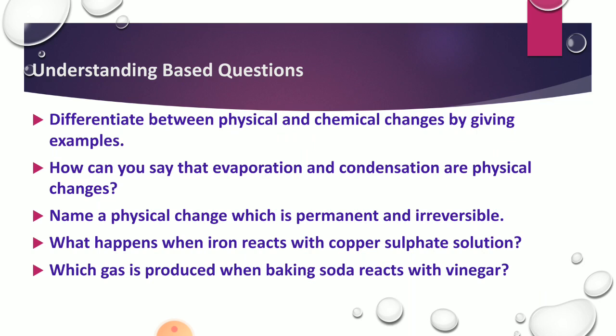Then name a physical change which is permanent and irreversible, because we have studied that most physical changes are temporary and reversible, but some physical changes are permanent and irreversible also. Then what happens when iron reacts with copper sulfate solution, and which gas is produced when baking soda reacts with vinegar? So you can write these questions and answers in your additional copy.